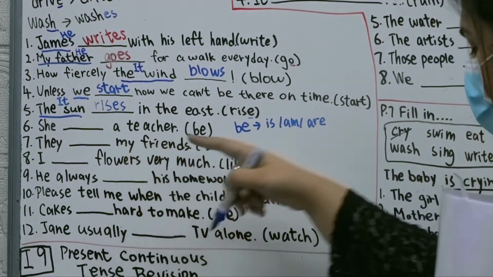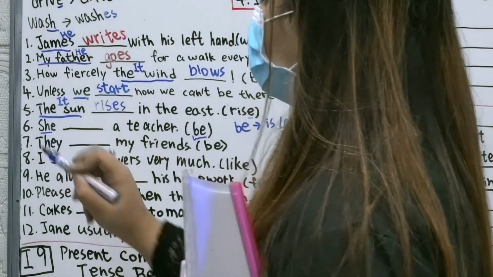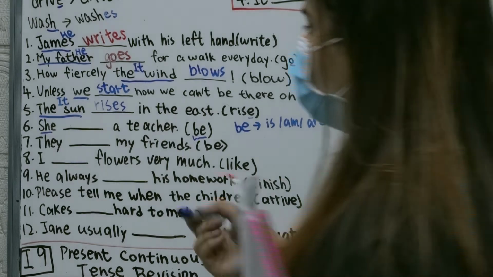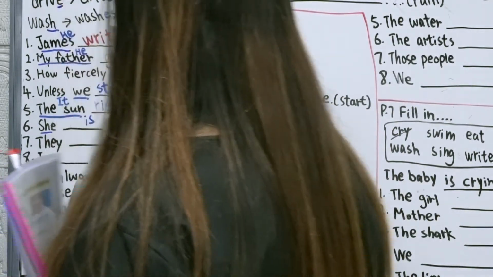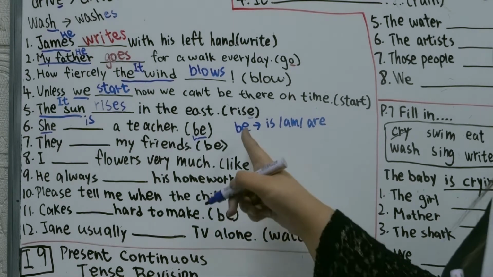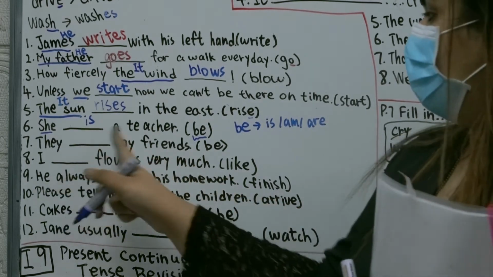So here, the subject is she. So do we use she are, she am, or she is? Of course, she is in front of you, so that's why we use is. Remember, be refers to is, am, or are in present tense. She is a teacher.